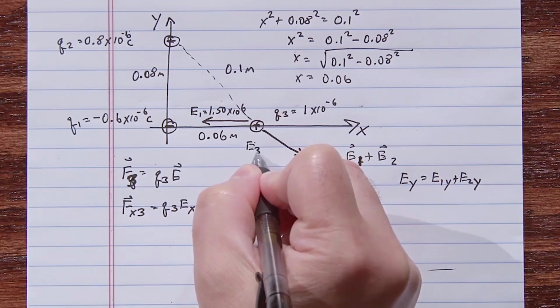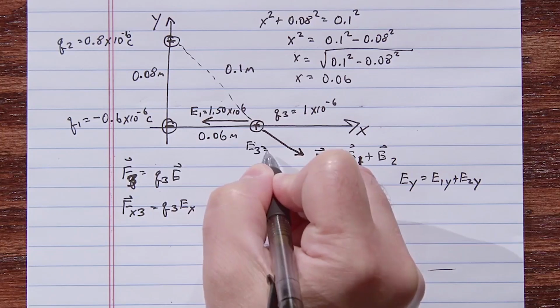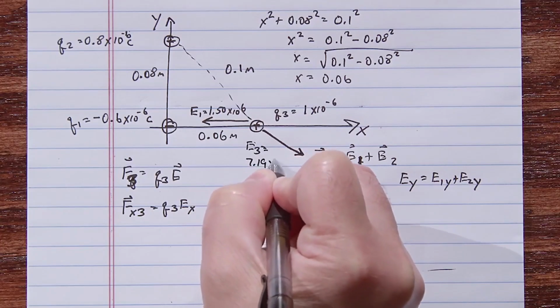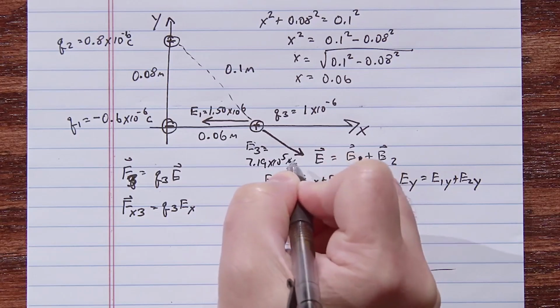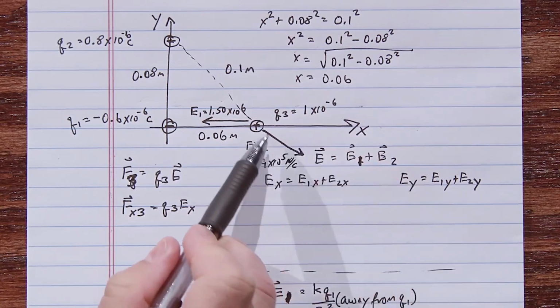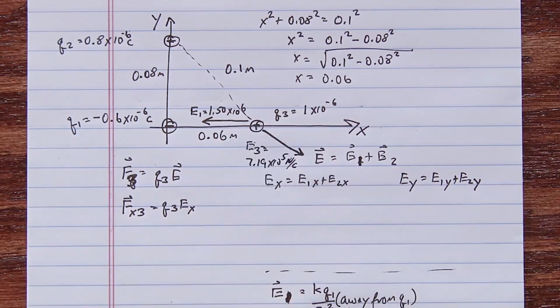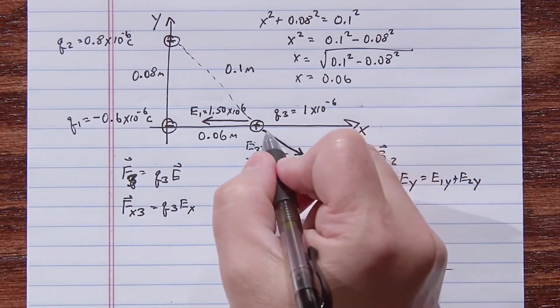So E3 is equal to 7.19 times 10 to the 5 newtons per coulomb in this direction, which is both in the x and y direction. So we're going to have to break that up into x and y components.